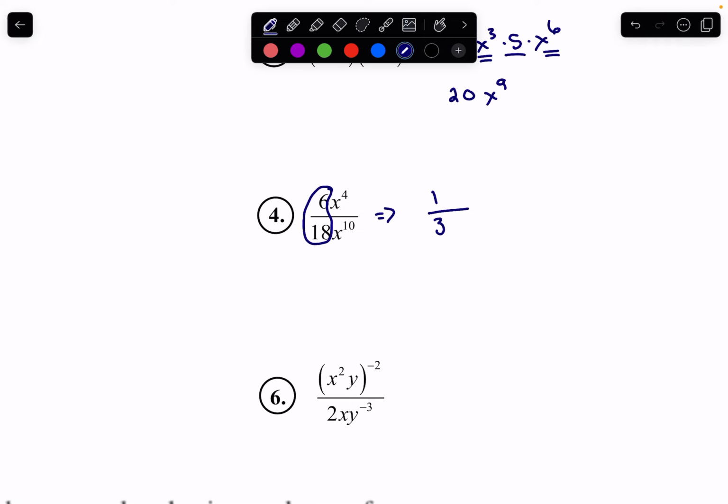If I don't know that, I type it in a calculator and the calculator tells me. So now I look at the x's. On the top, I've got x to the 4th. On the bottom, I got x to the 10, which means I have more x's on the bottom. So they're going to cancel out, and I'm going to be left with x's on the bottom. And I actually have 6 more x's on the bottom than I have on the top. So I have 1 over 3x to the 6th.